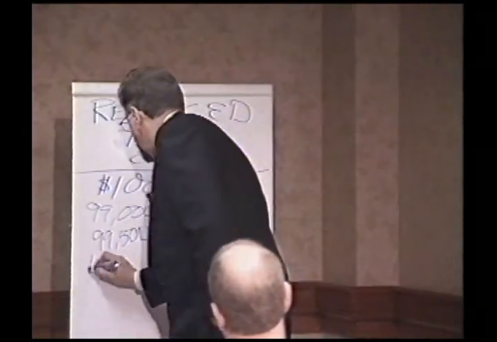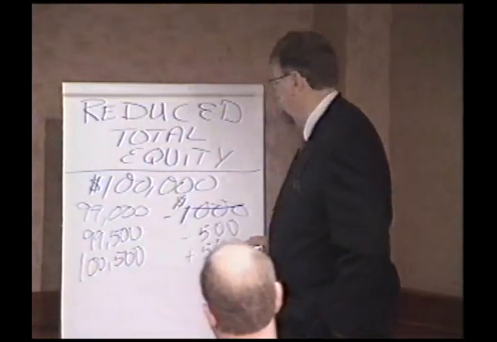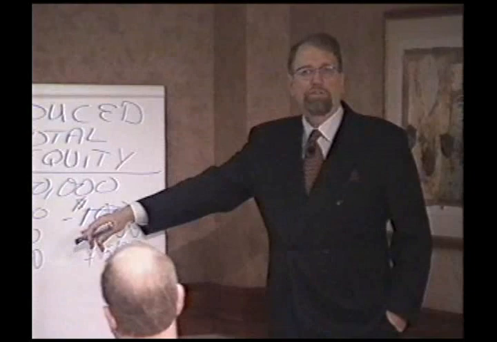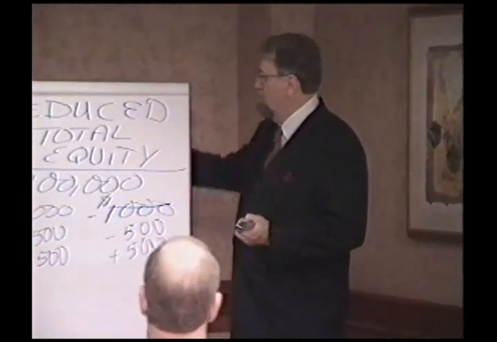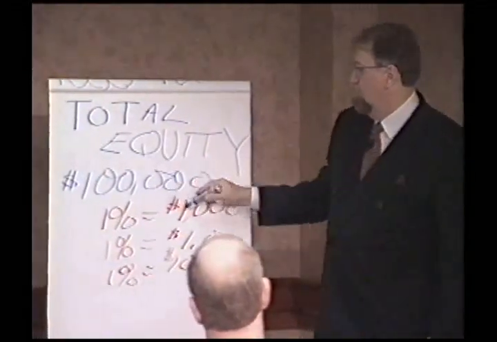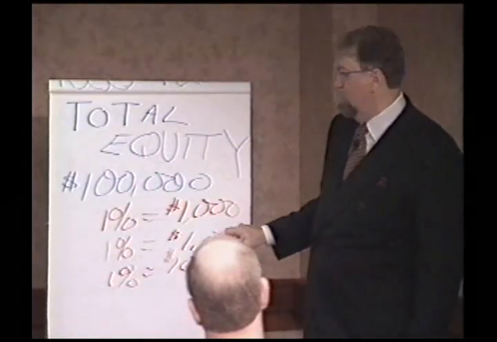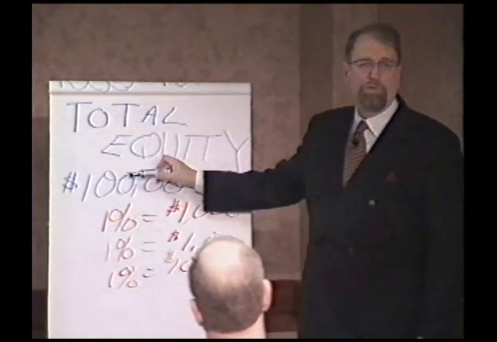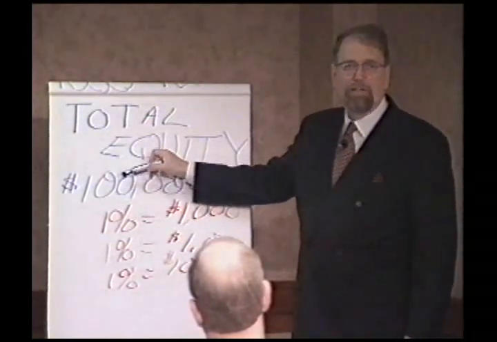Now you have $100,500. And that would be the same as, in one sense, this model here. If this position went up to where it was adding $1,000 into the equity, it would be added in.